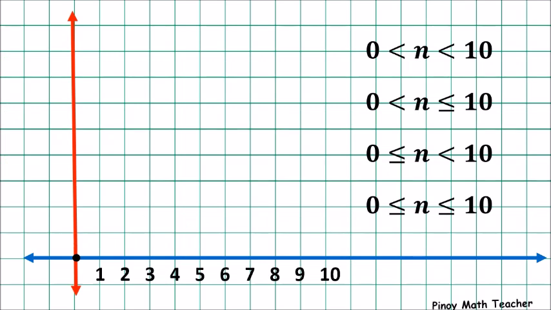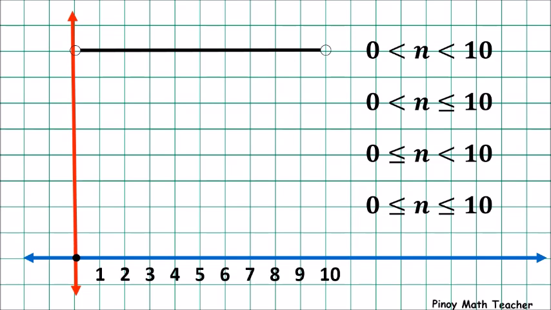Ano nga ba ang ipinagkaiba ng less than sa less than or equal to? At ng greater than sa greater than or equal to? So, ang ating first situation, yung nandun sa pinakataas, so, N is greater than 0, but less than 10. So, gamit ang graph, okay, kung mapapansin nyo, sa tapat ng 0 at 10, merong butas.